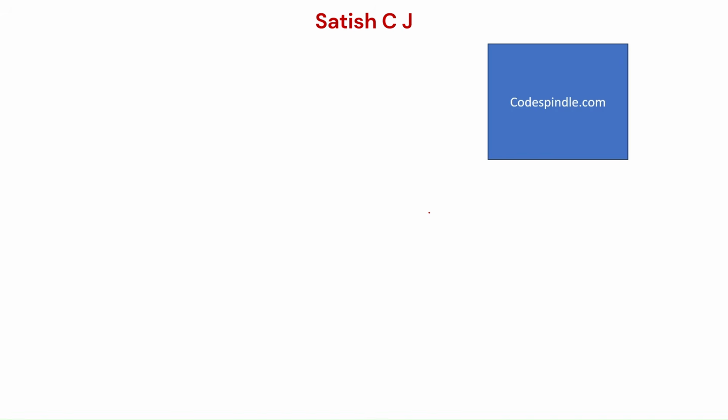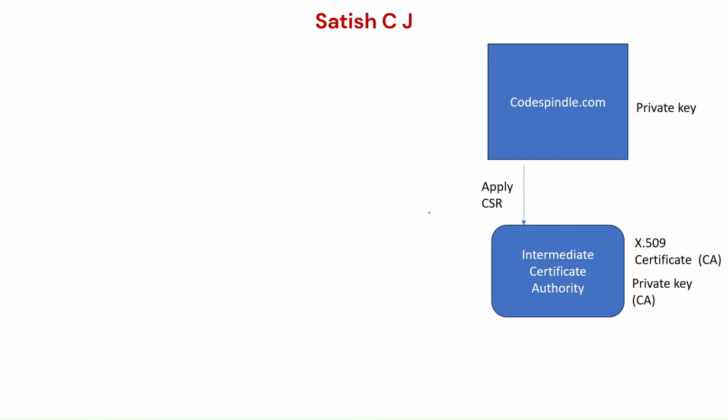So in the last lecture, we looked at all these things. I'm owning codespindle.com and I first generate a public key and private key, and then I use this public key and other information for applying a CSR, certificate signing request, and that is sent to an intermediate certificate authority.